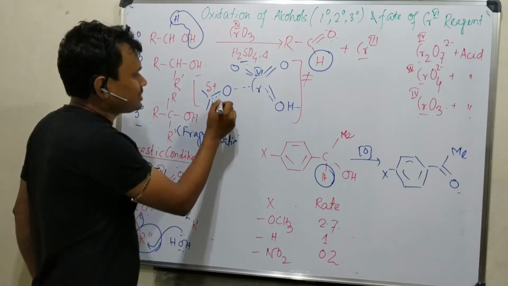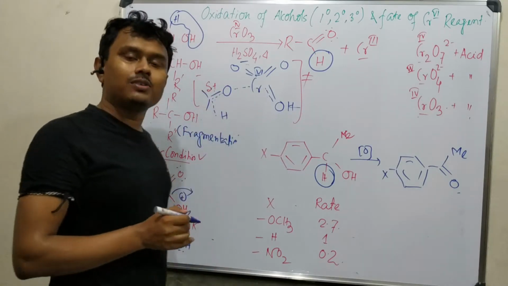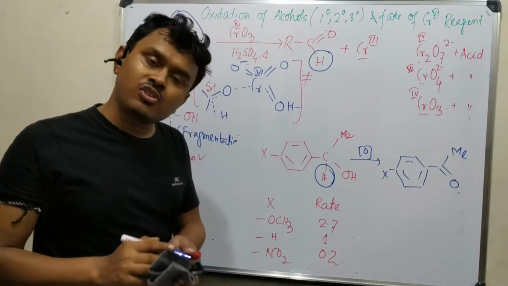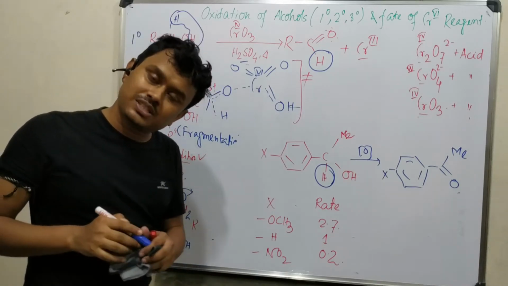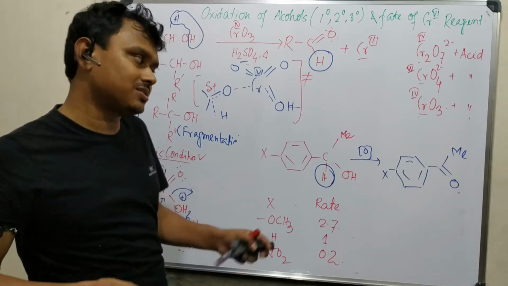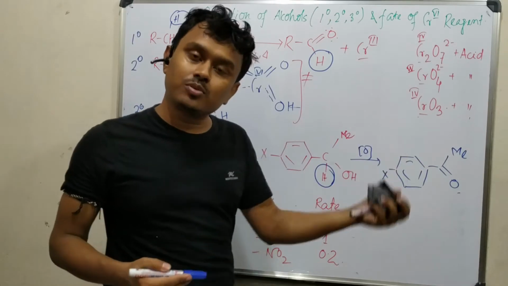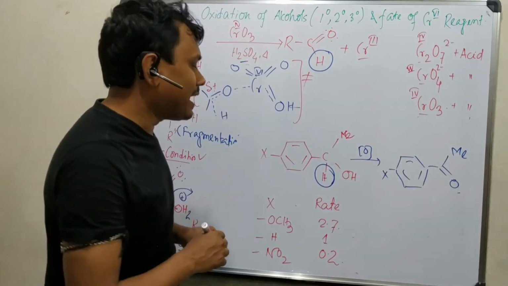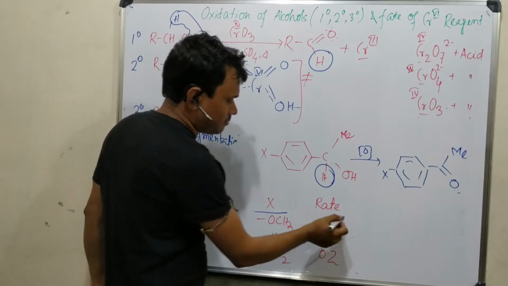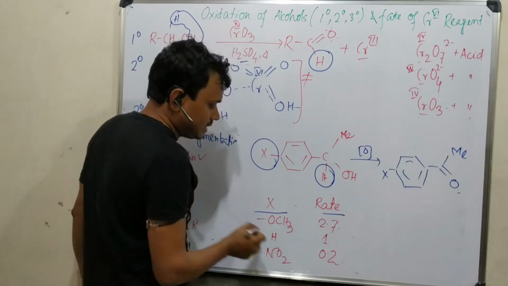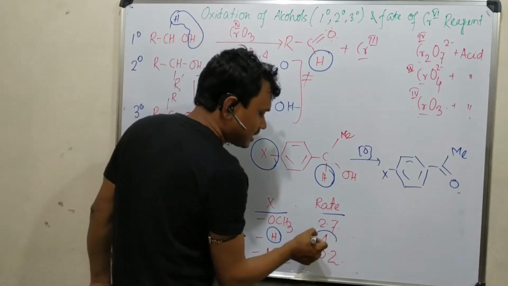Now, as I told, this transition state is a carbocation, so it is expected that an electron-rich substituent, which can stabilize the positive charge in the transition state, will enhance the reaction rate, and this is shown by this example. If this X is hydrogen, let's consider the relative rate is 1.